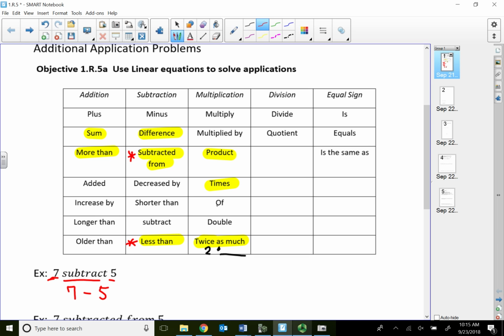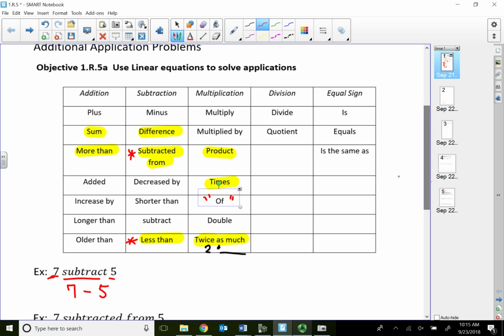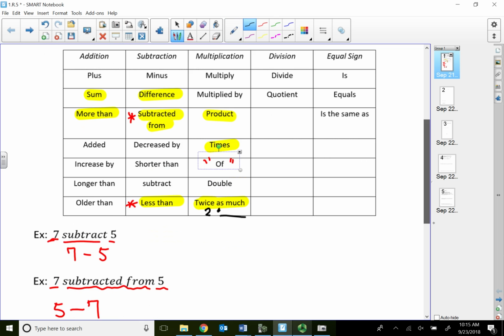Now, the word of, I'm going to put in quotation marks. The word of sometimes means multiplication, sometimes it just means the word of. The word of means multiplication when we are dealing with percent types of problems, and when we use the word of along with a fraction, like a third of.